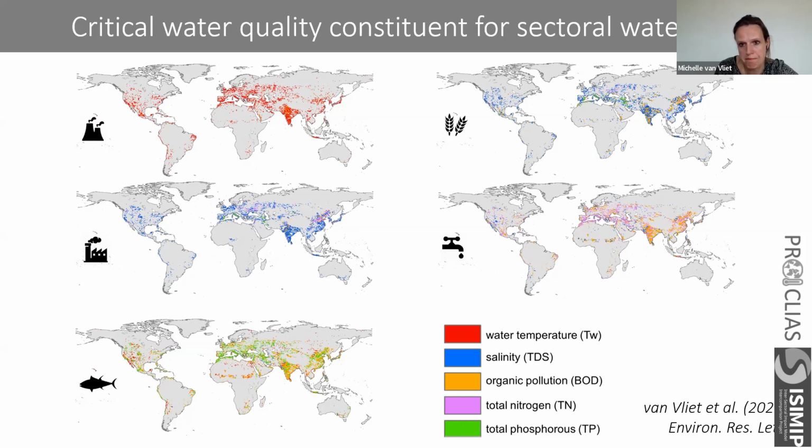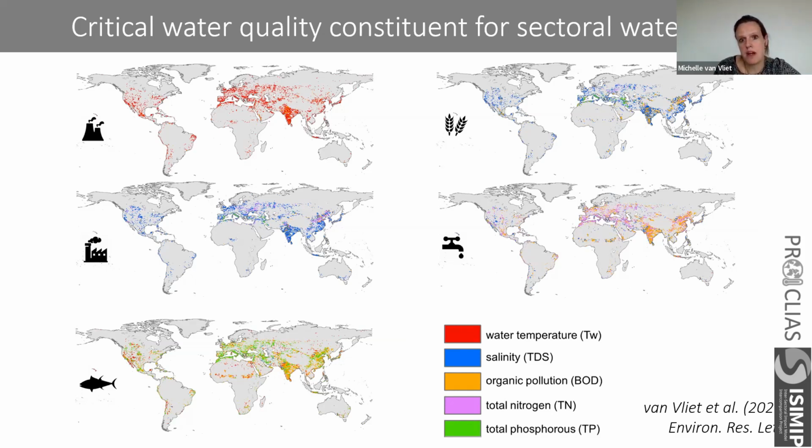Also important to mention here is that the relations between these water quality constituents and the main water use sectors are two-sided. For the energy sector, high water temperatures can constrain cooling water use, increasing energy water scarcity. But at the same time, the energy sector is also the most important source of thermal pollution in the world.